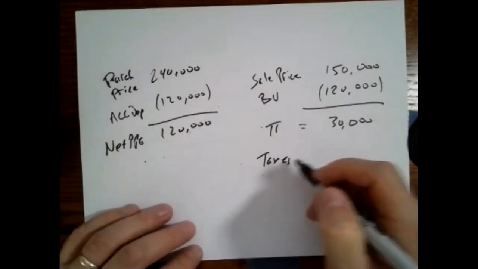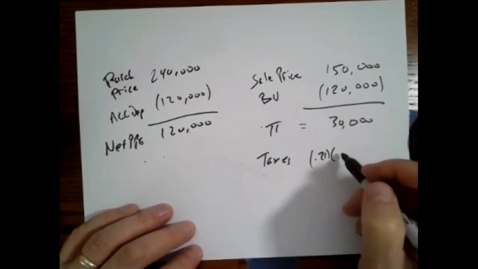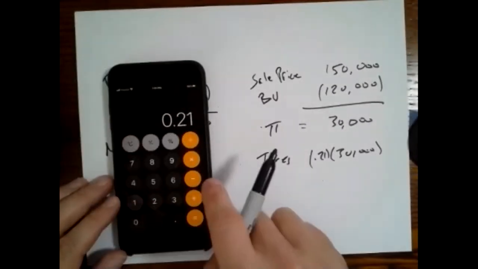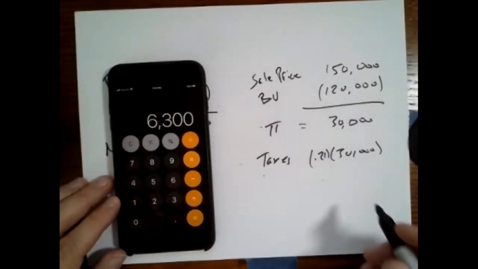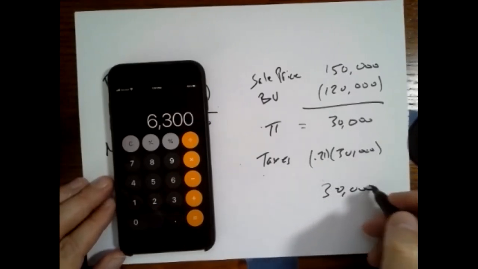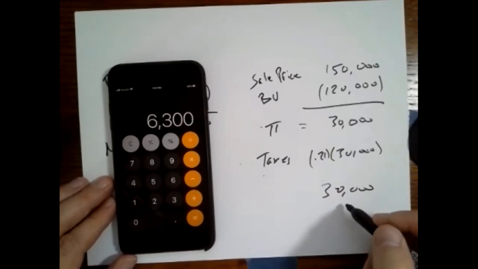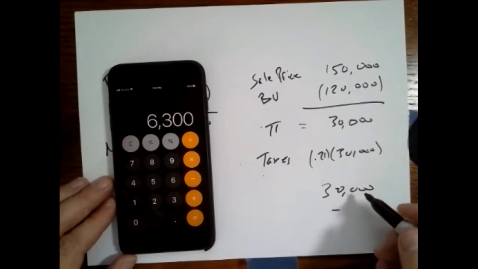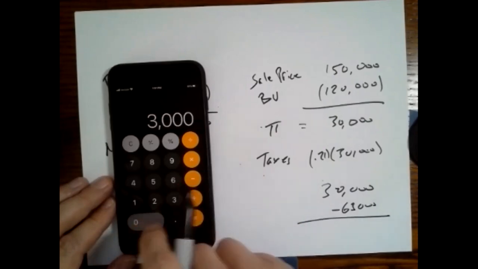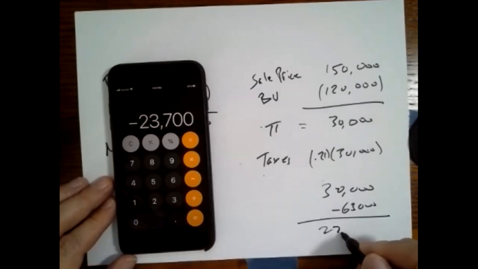So they would then pay taxes of 0.21 times 30,000, which is 6,300. They would net 30,000 and pay 6,300 in taxes, so their net would be 23,700.